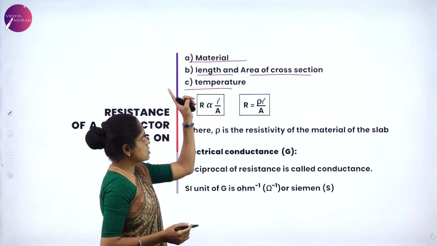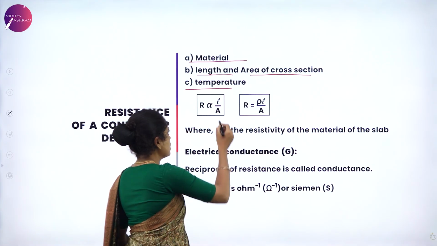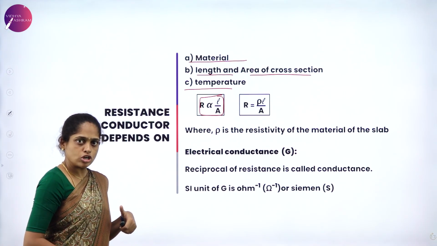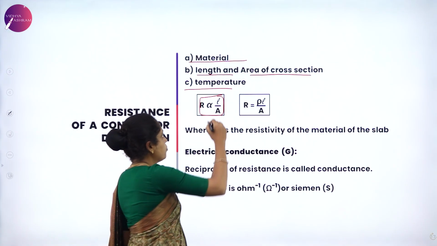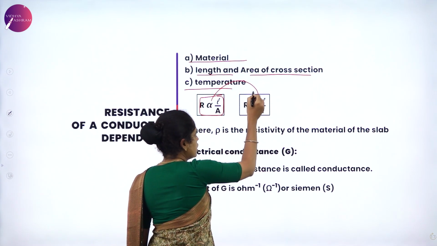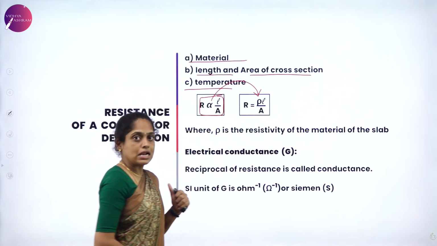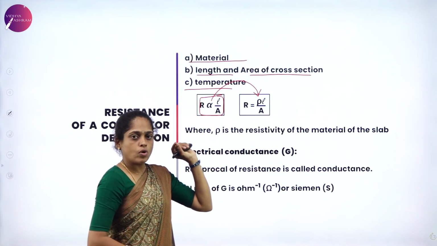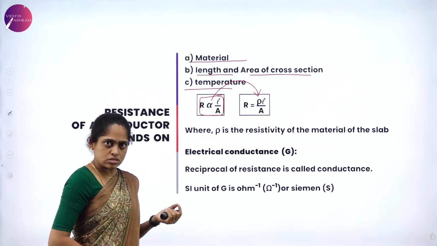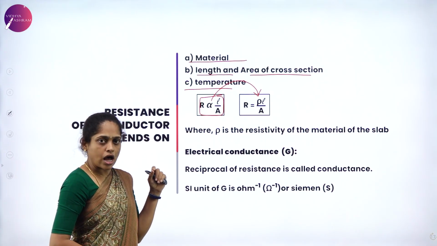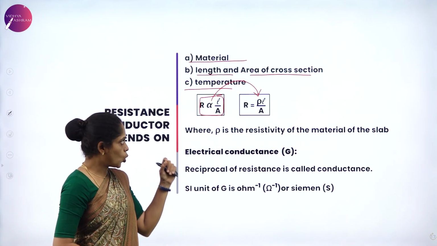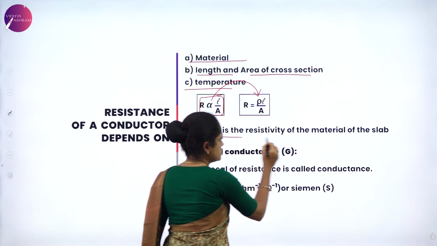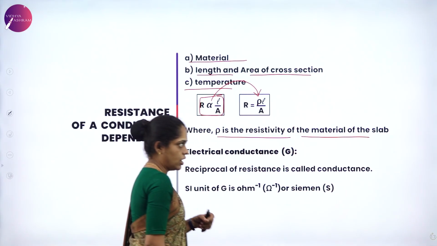So how does the resistance depend upon length and area? Resistance is directly proportional to length and inversely proportional to area. The proportionality constant is nothing but resistivity, which is denoted as rho. So what is the formula for the resistance? Resistance R is equal to rho L by A, where rho is resistivity of the material.